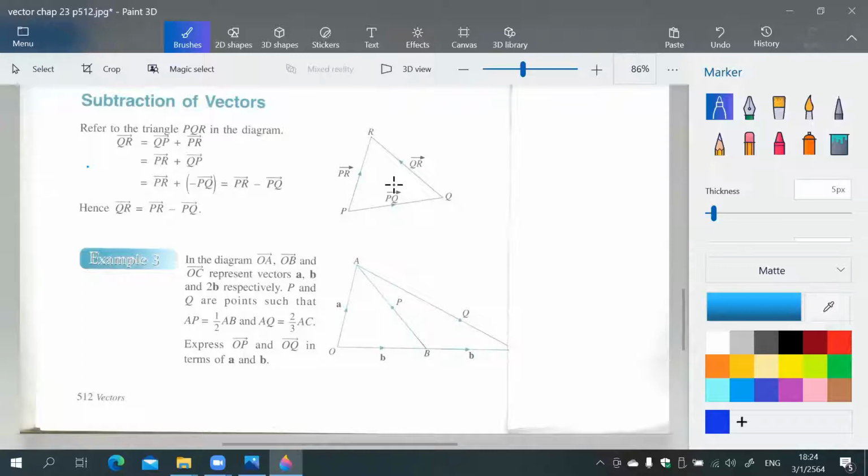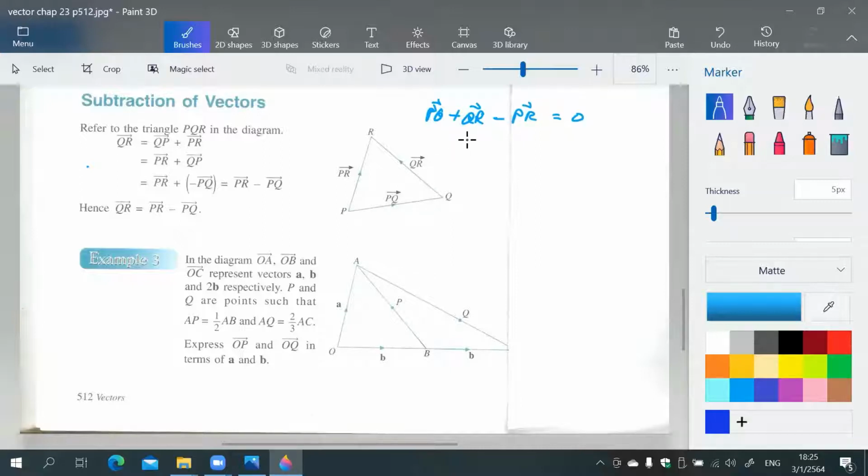In this case, I think this one is similar to the homework you did in the last handout. You can write down vector PQ plus vector QR, and then because RP is opposite, minus vector PR equals 0.